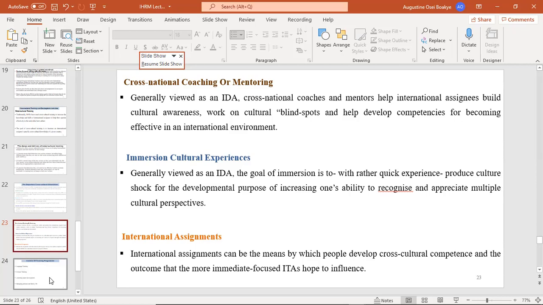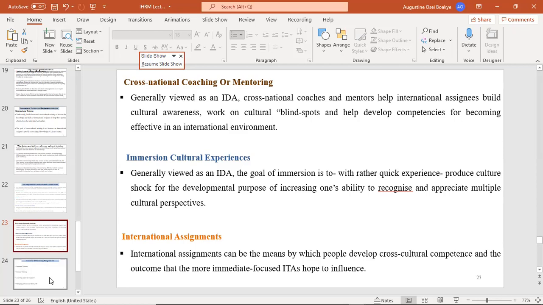So what we mean by cross-national coaches or mentors are highly reputable or astute people in the multinational enterprise who might not necessarily be in the country where you are originating or migrating from. But because there's the need for you to acquire some international experience, you can be paired with them to nurture you on some of the things you should be expecting, particularly from their own perspective and cultural experience. So those are the cross-national coaches or mentors.